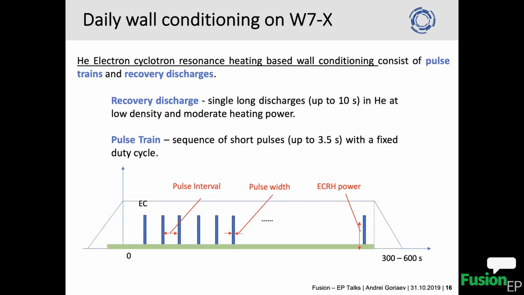And this is the difference between ECRH and ICRH wall conditioning. If we have two heating systems, ICRH is beneficial because the plasma wetted area is larger in comparison with ECRH. But this is when you have those two heating systems.